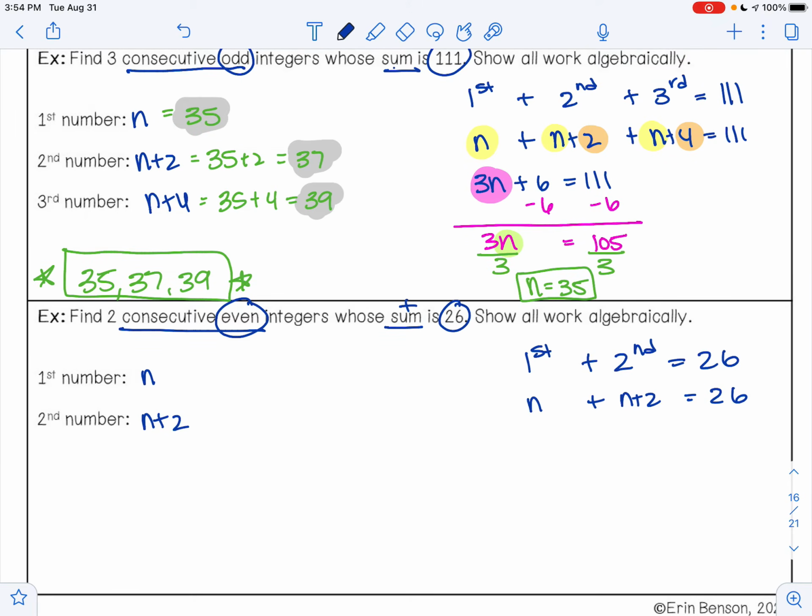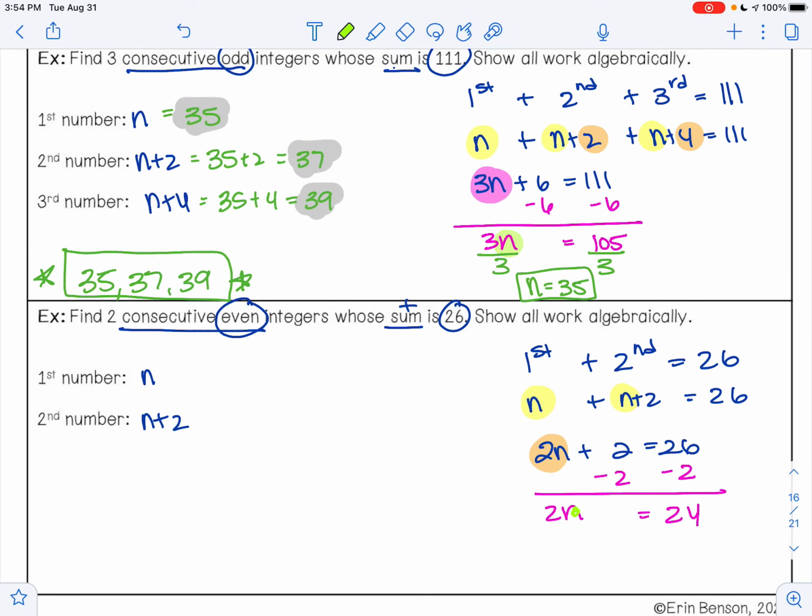Now I have an equation that I can solve. I'm going to begin by combining like terms. n plus n is 2n. I want to get the term with the variable by itself. To undo addition, I'm going to do subtraction. And so I'll have 2n is equal to 24.